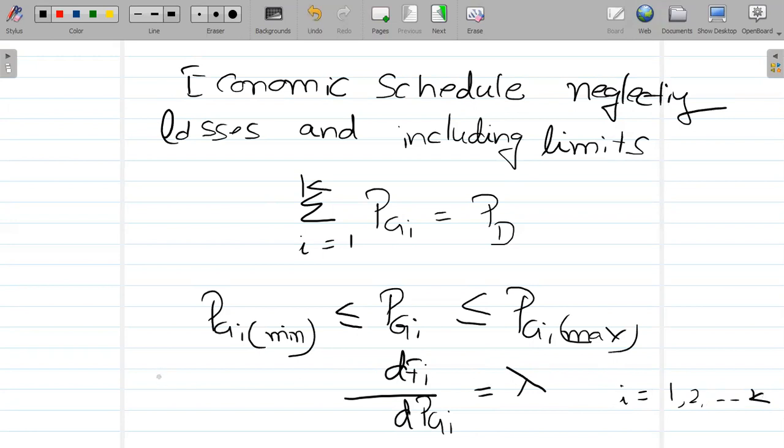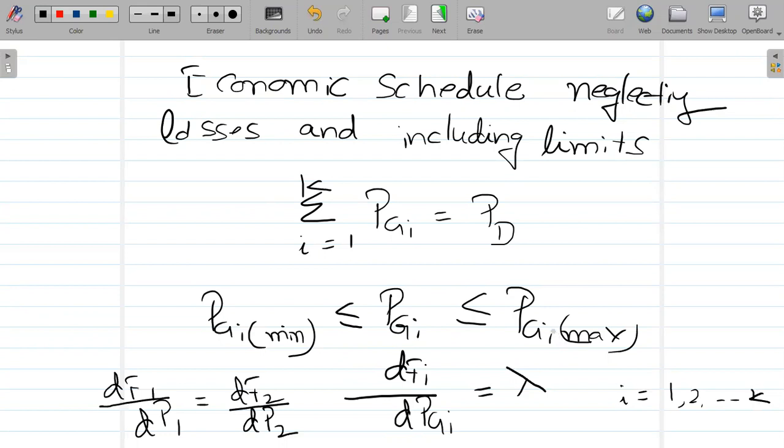Suppose it is a two plant system, then dF1 by dP1, that is the incremental fuel cost of plant 1, equals the incremental fuel cost of plant 2. With the constraint that the power output we get should be within the minimum limit and within the maximum limit.